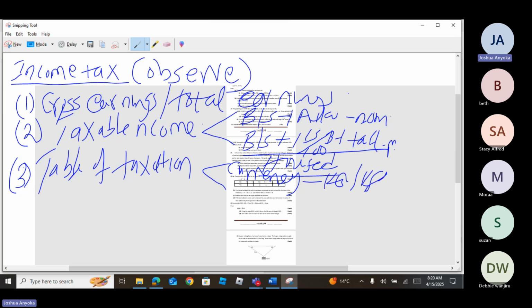The table will also inform you in which duration your taxable income should be, whether it is monthly or per annum.